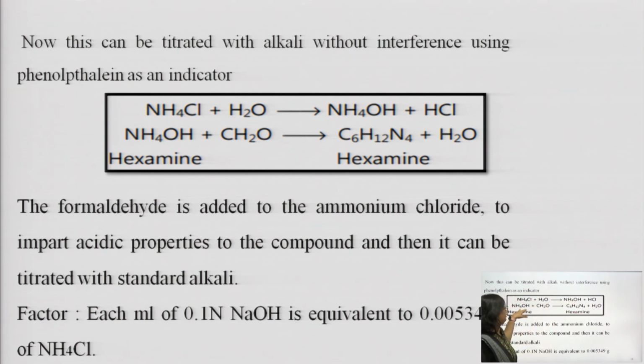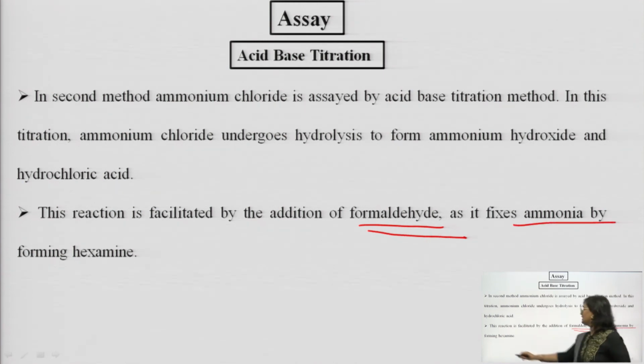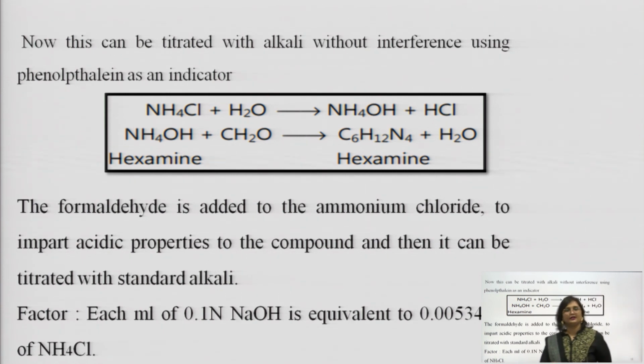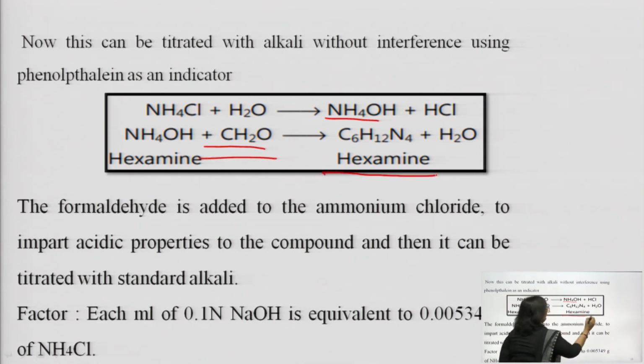This ammonium hydroxide is then made to react with formaldehyde. This reaction is facilitated by the addition of formaldehyde, as it fixes the ammonia by forming hexamine.